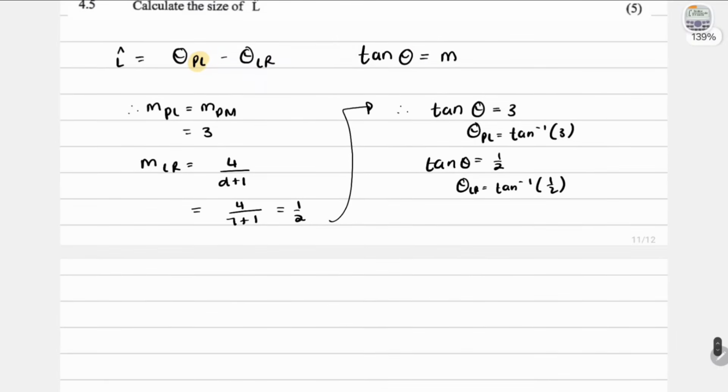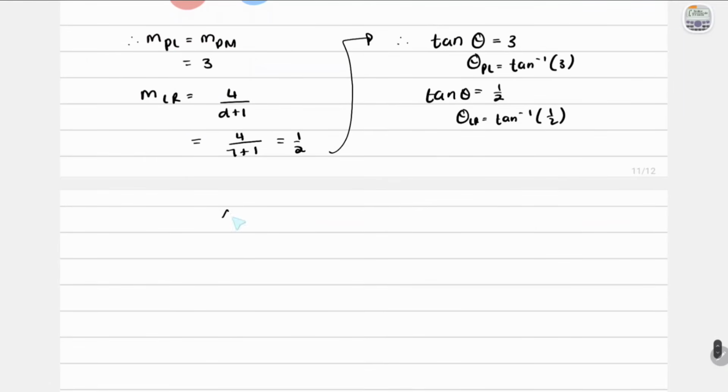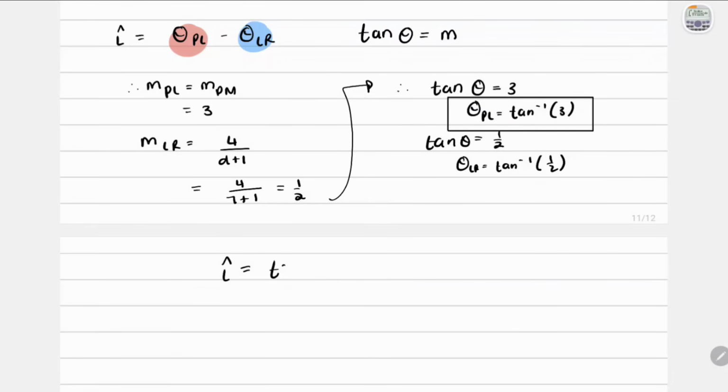Okay, now we can finally use this to find angle L. Remember how we said this is how we find the angle L. So angle L is finally found by taking the angle of inclination of PL, which we now have as shift tan of 3, and subtracting shift tan of 1 over 2.